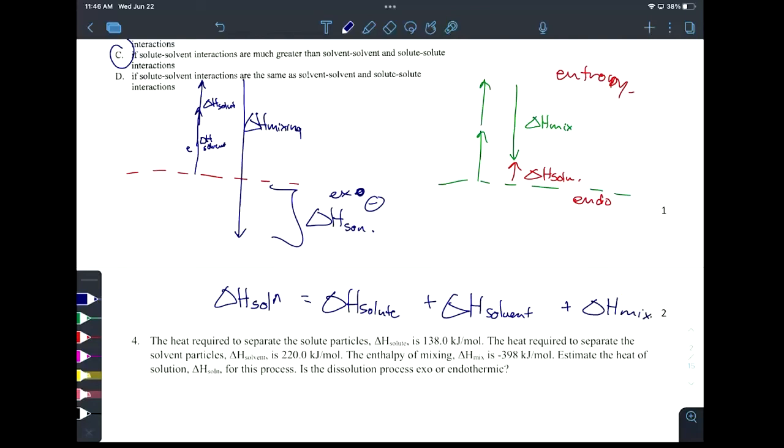But do recognize that delta H of mixing is always a negative number, because it's attractions. So just know that. And now it's just plug and chug.